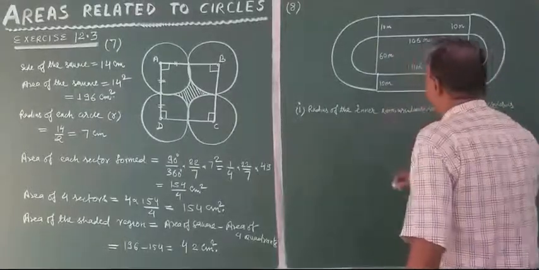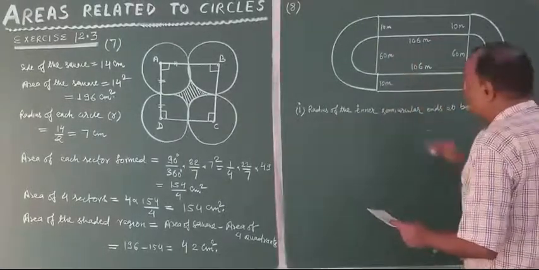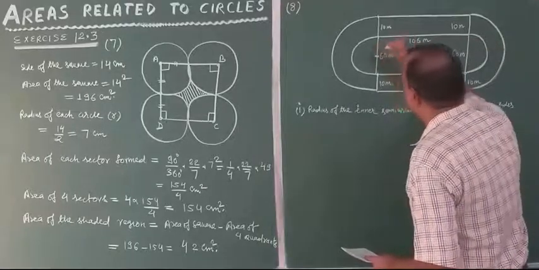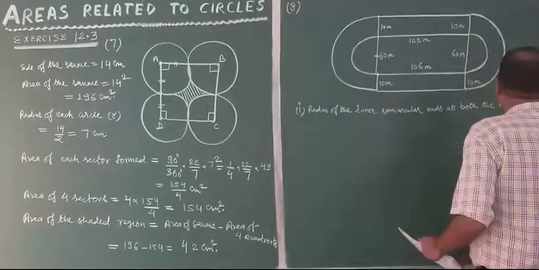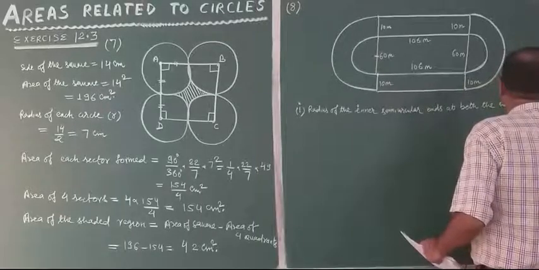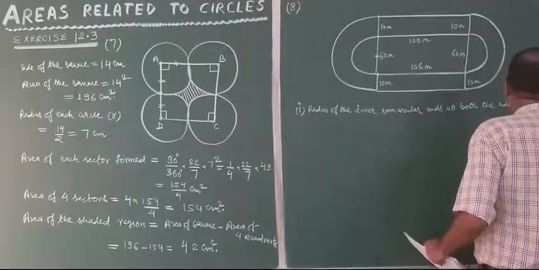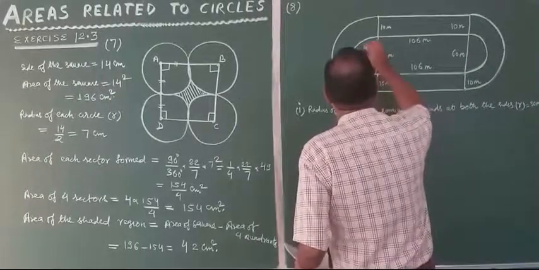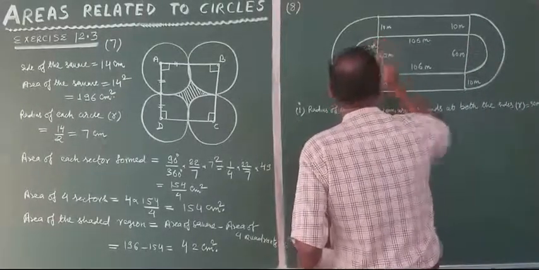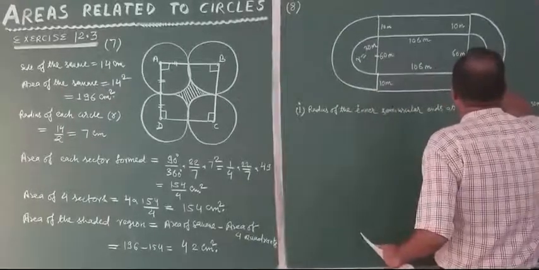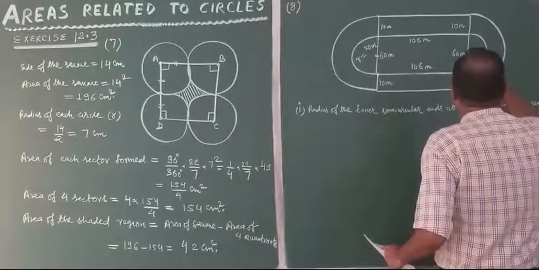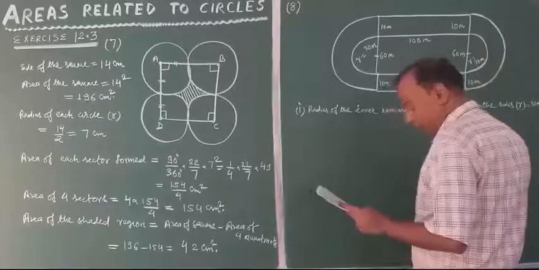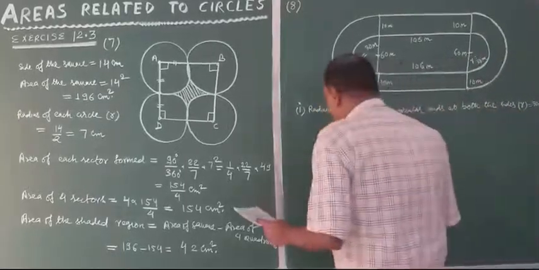This is given the whole is 60. Therefore, the radius will be 30 meter. The inner radius is 30 meter. Okay.